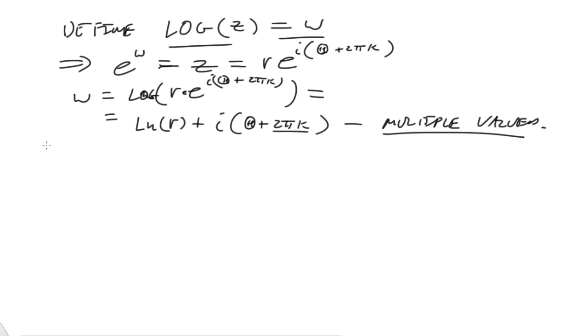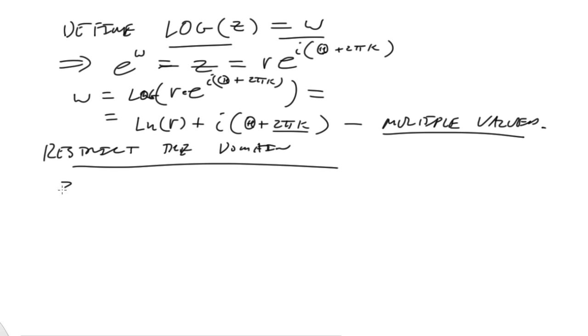So what we have to do is restrict the domain. We're going to say z is part of this domain, with r greater than 0. We can't have r being 0 because natural log is not defined there. And also we need to define an alpha.